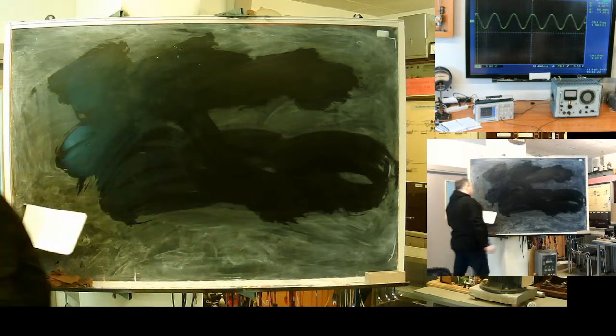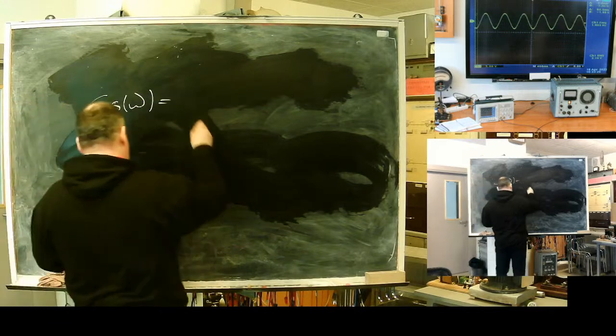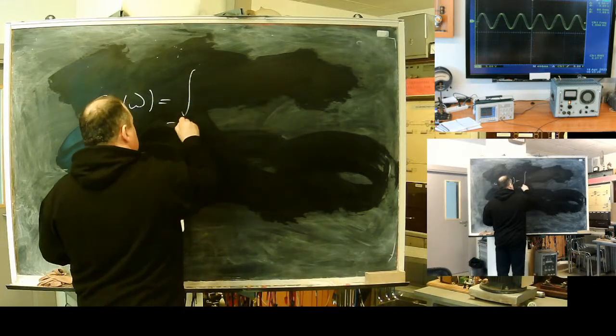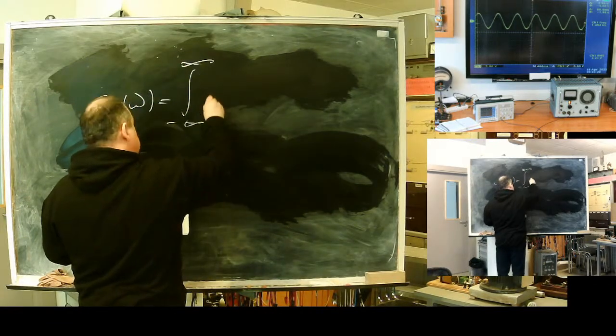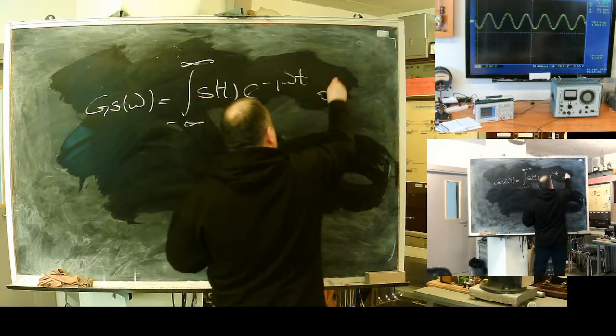So I can write what the spectral function is. It's a classical Fourier transform, the integral of f of t times e to the power of minus j omega t, dt.